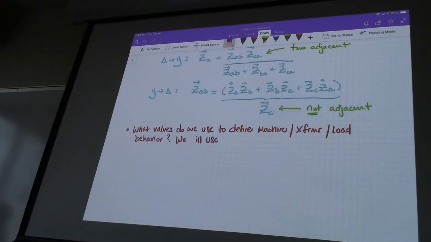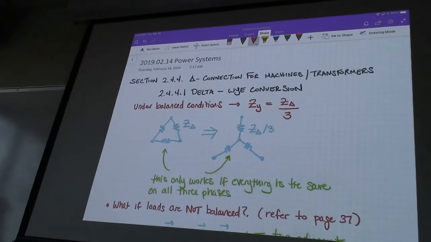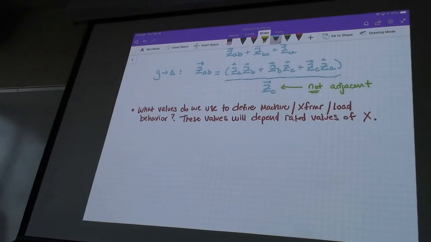Maybe the better term is, these values will depend on the ratings or the rated values of whatever, of X. Now the way that we define the rated values differs on how the component is defined.